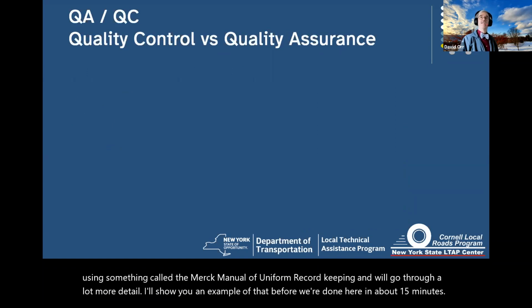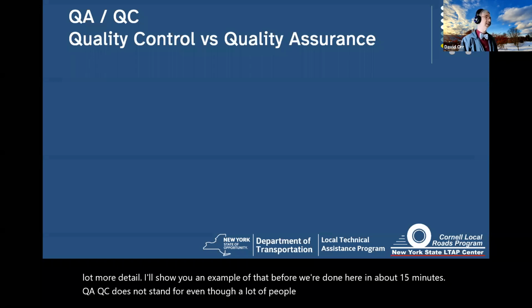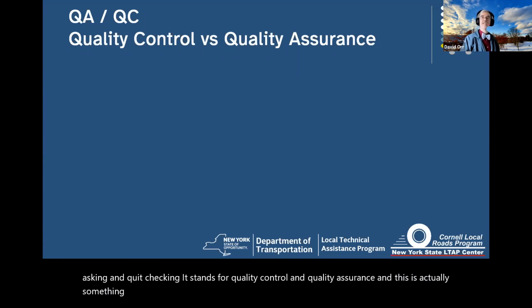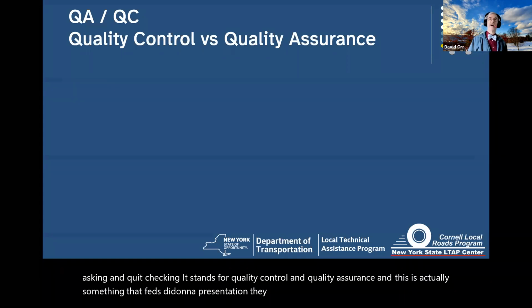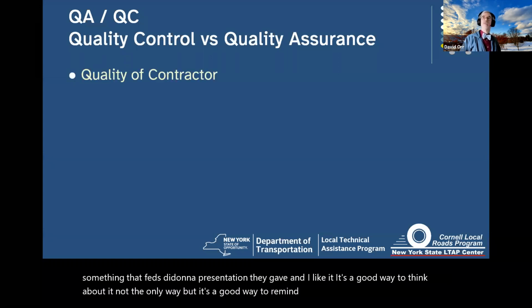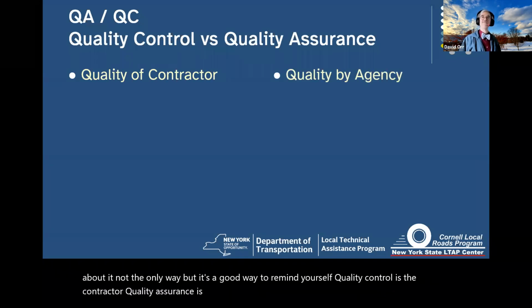Now, QA, QC does not stand for, even though a lot of people think so, quit asking and quit checking. It stands for quality control and quality assurance. And this is actually something that the Feds did in a presentation they gave, and I like it. It's a good way to think about it. Not the only way, but it's a good way to remind yourself. Quality control is the contractor, quality assurance is the agency.